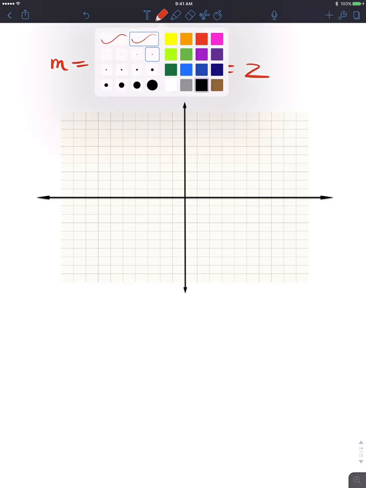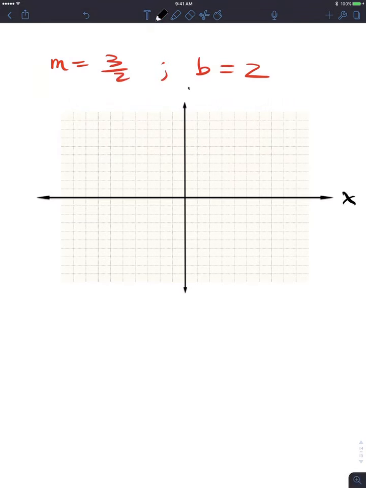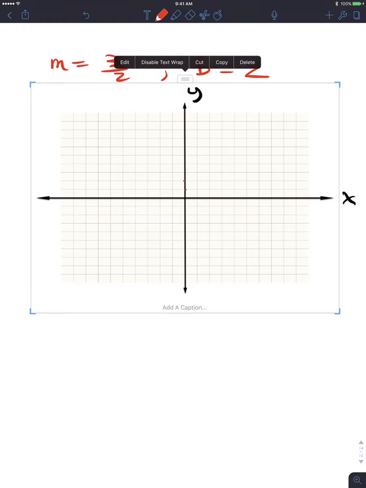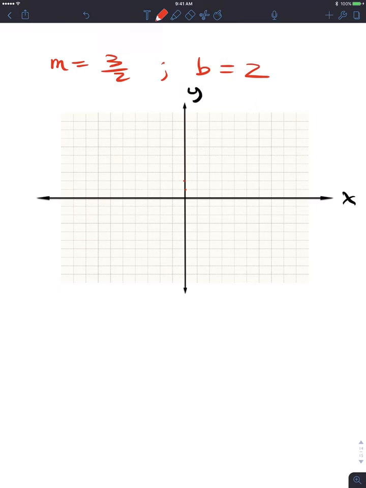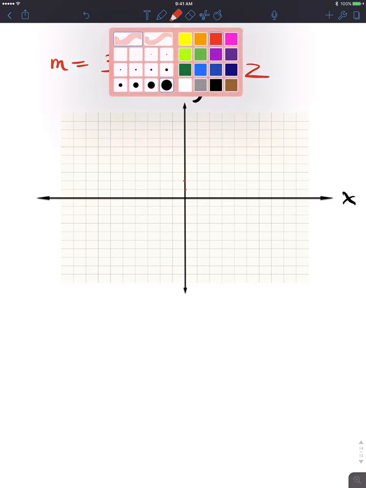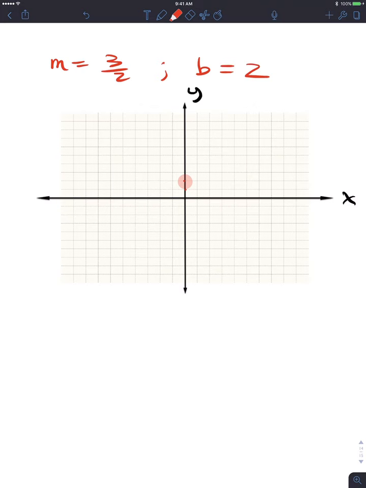Notice again, here's our x-axis, our y-axis. We're going to start by plotting the y-intercept of positive 2, which is above 2 units. Here's the location. We're going to use our slope of 3/2, meaning we're going to go up 3: 1, 2, 3, and then to the right 2.